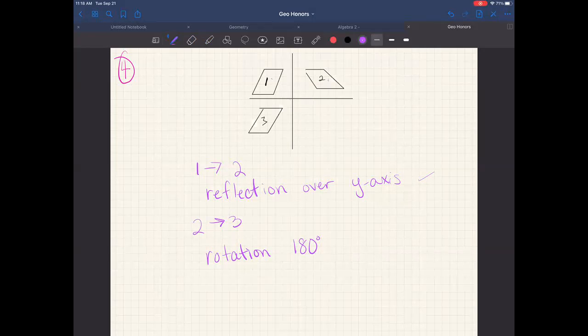Okay, but what about the one about the reflection? What's that line that goes slanted where it's like a reflection over a line? And then what line is it? Y equals X. If I were to draw that line, it goes that way. What about the other line that goes the other way?